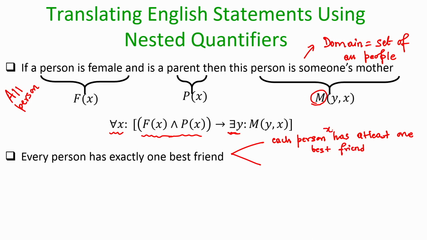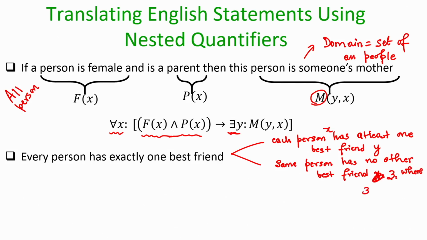In fact, each person x has at least one best friend y, and the second part is that the same person x has no other best friend z, where z is different from y, and this is true for all x. That is the logical interpretation of this statement.